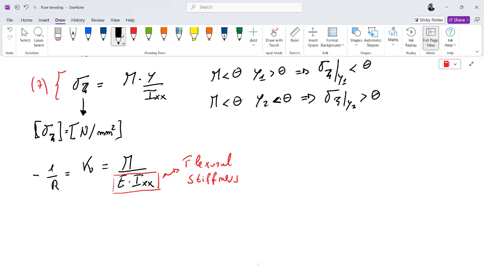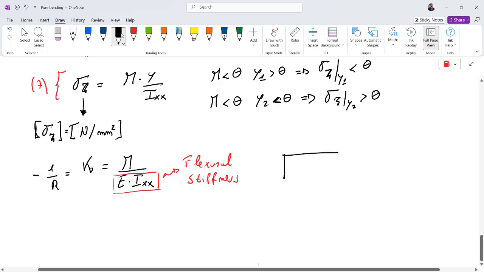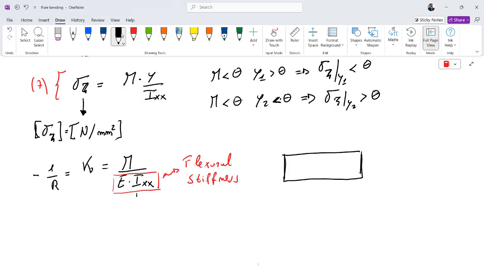So we have a straight portion of beam, and r goes to infinity.